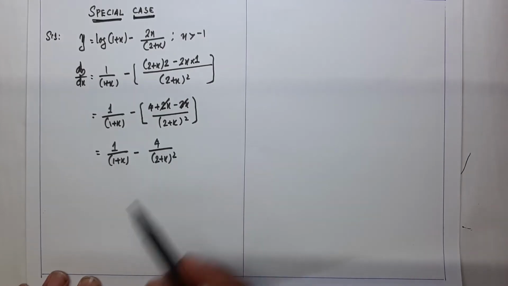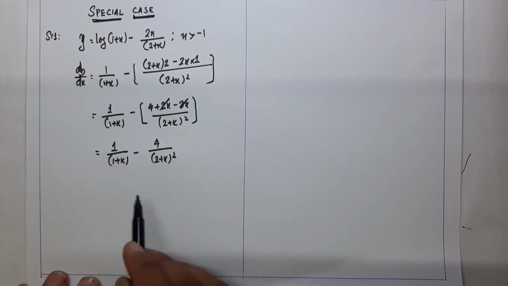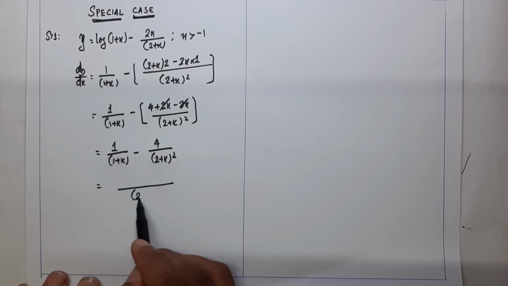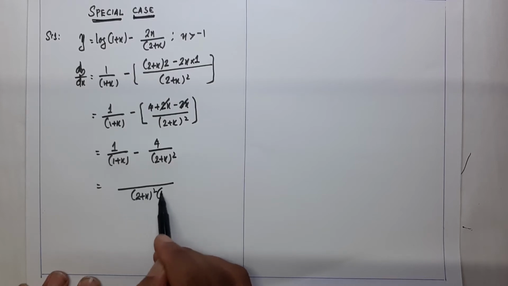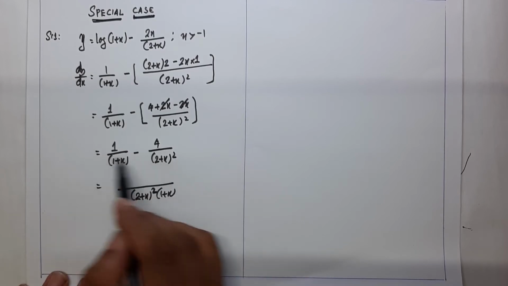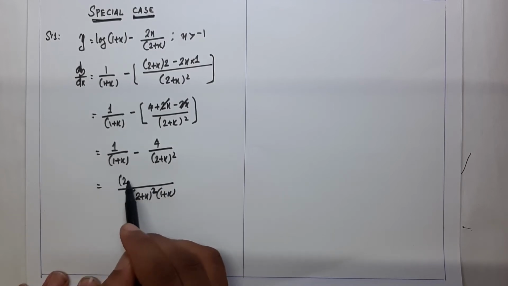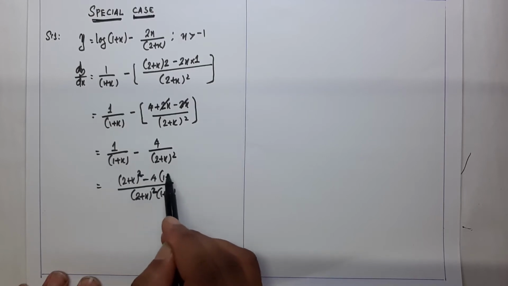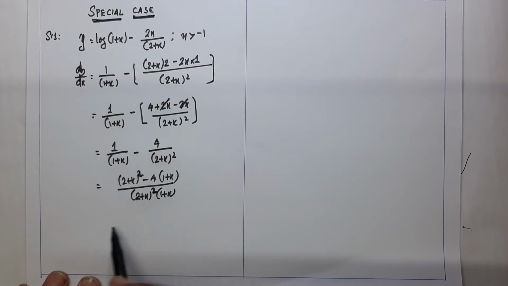x the whole square. Now we simplify these terms. Taking the product of the denominators and cross multiplying, we get 1 into 2 plus x the whole square minus 4 into 1 plus x, divided by 2 plus x the whole square into 1 plus x.